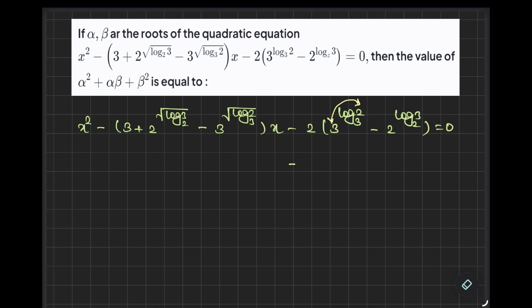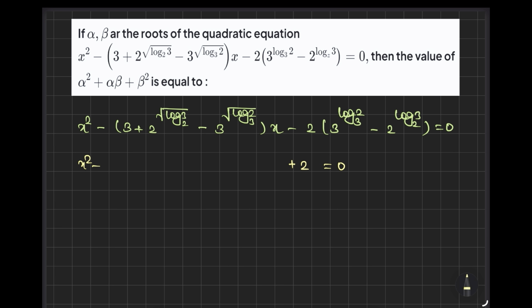So you will have 2 to the power log 3 base 3, which is 1. So 2 to the power 1 is 2. Then these two things will get interchanged and it will become 3 to the power 1. So 2 minus 3 is minus 1. Minus into minus 2 will become plus 2.